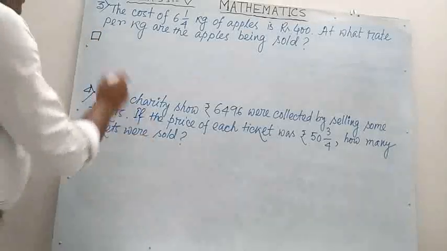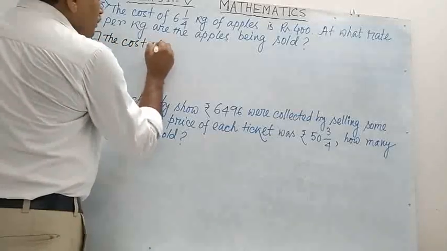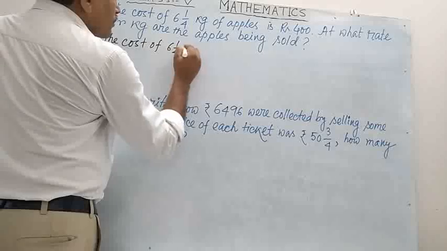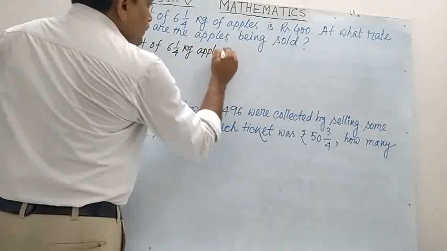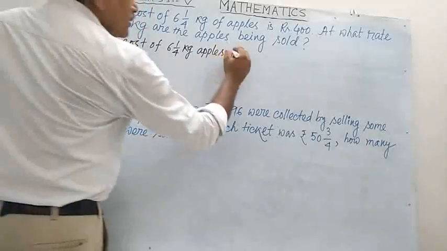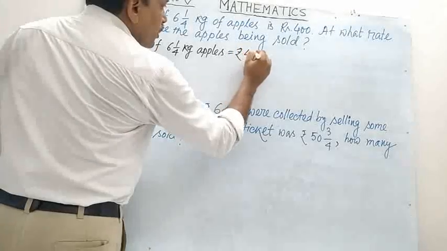So the cost of 6 wholes of 1/4 kg apples equals rupees 400.